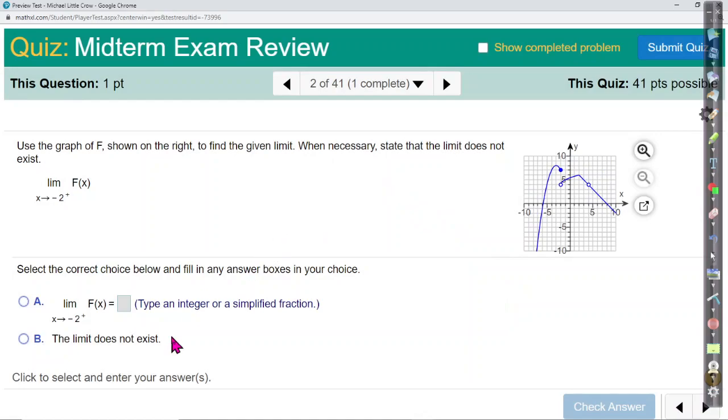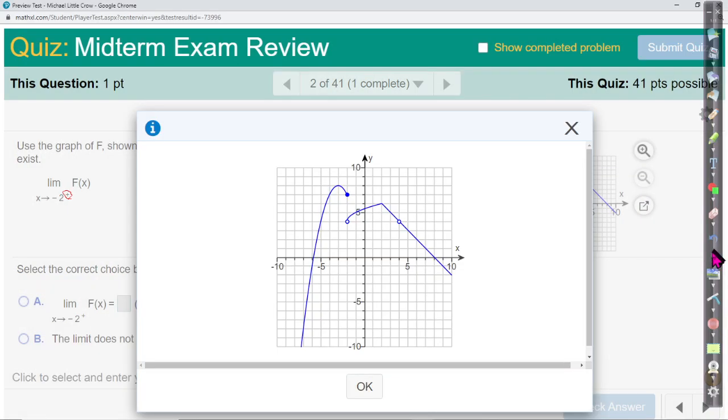Let's go to question number 2. Now this one wants us to check the limit, but only from the right hand side. So as x is going to -2 on the right hand side, let's just make it larger. It's always easier, at least for me. We're going towards -2 this time, which is here. We're only interested in coming from the right.